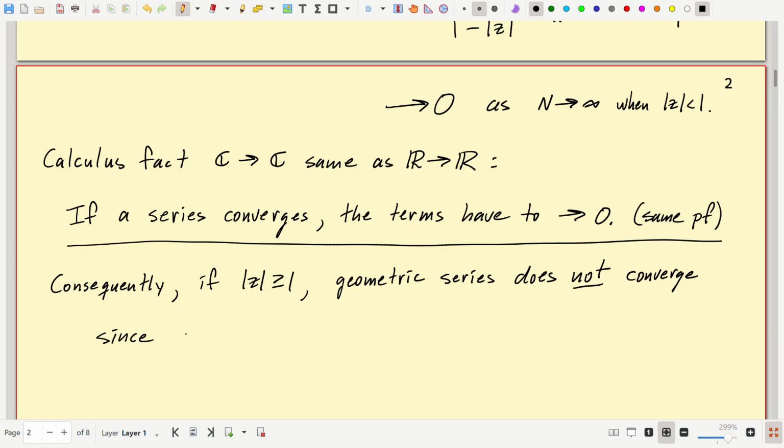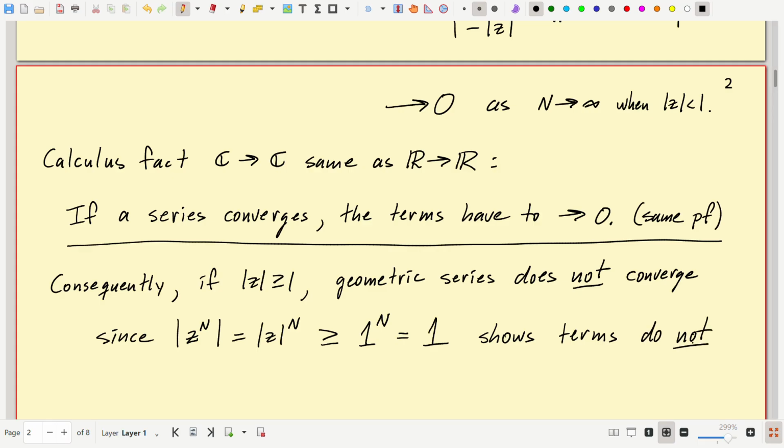Since the modulus of z to the n is going to be greater than or equal to 1 to the n, 1, period. That shows that those terms don't go to 0. So they can't possibly converge. So the terms do not tend to 0 as n goes to infinity.